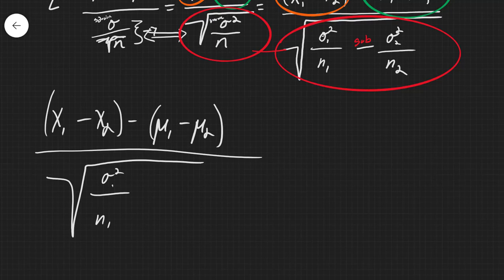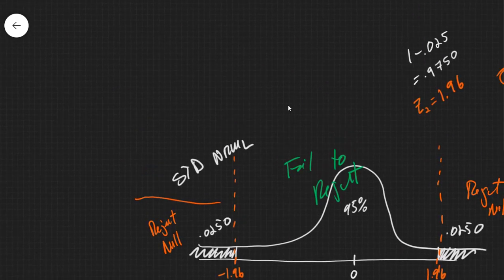It seems tedious, but it need not be. Oh, my mistake. This is supposed to be a plus sign here. That is not a subtraction. That is an addition. Okay, I apologize for that. Plus sigma squared sub 2 over n sub 2. And now we do some plug and play stuff here, right? This doesn't need to be super complicated.